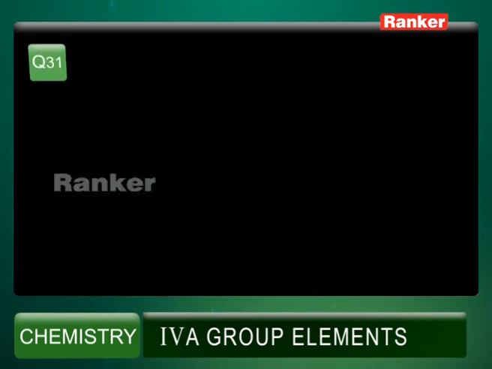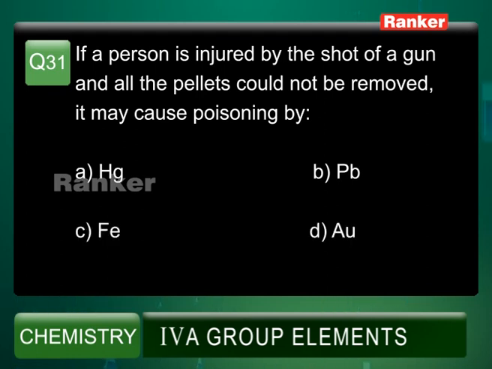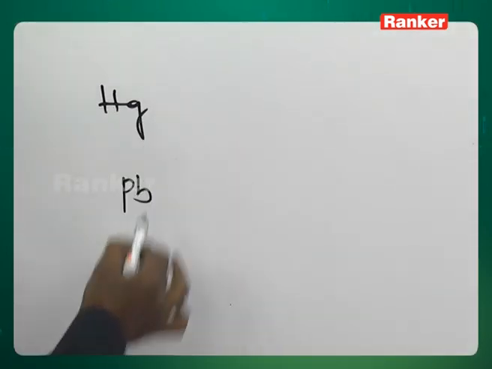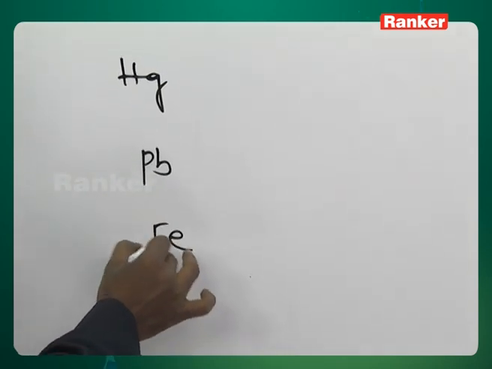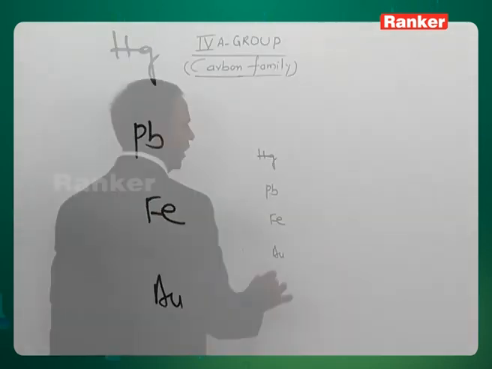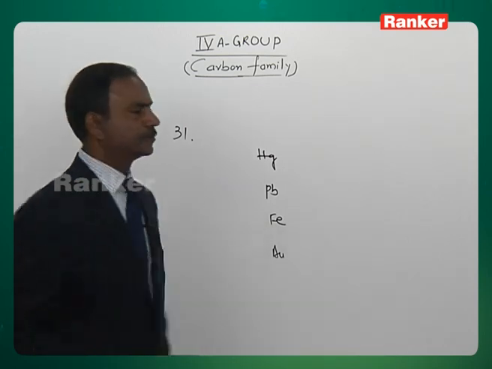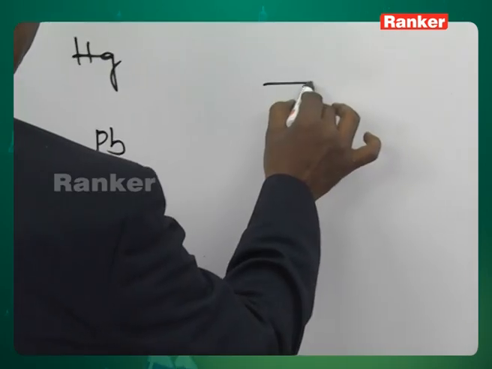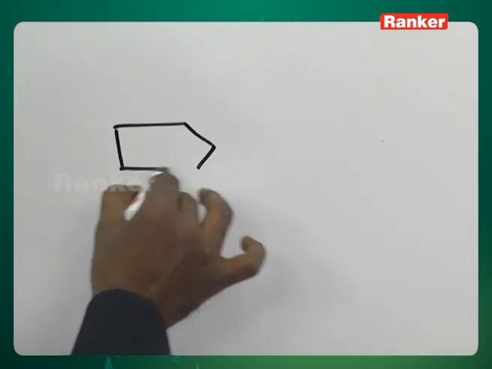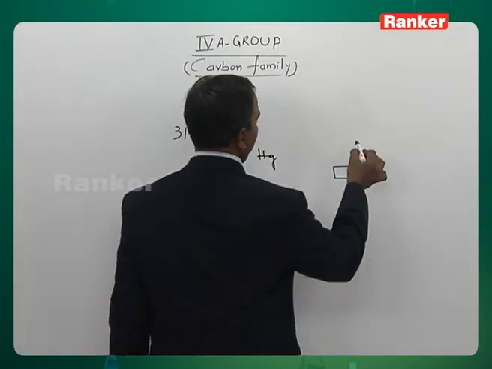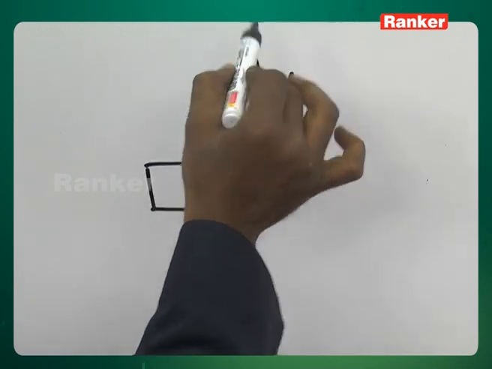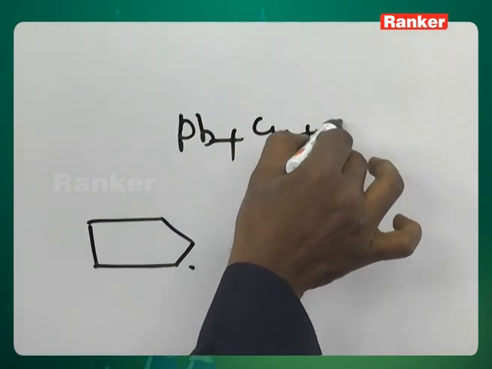See question number 31, if a person is injured by a shot of a gun, all the pellets could not be removed, it may cause a poisoning of. A is given as mercury, B is lead, iron and arum. See that a bullet shield is actually made up of generally lead, copper and nickel.